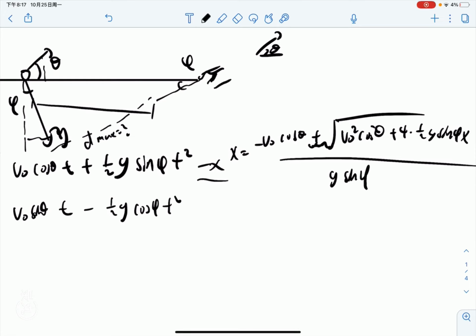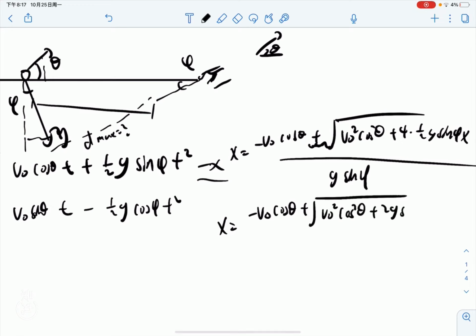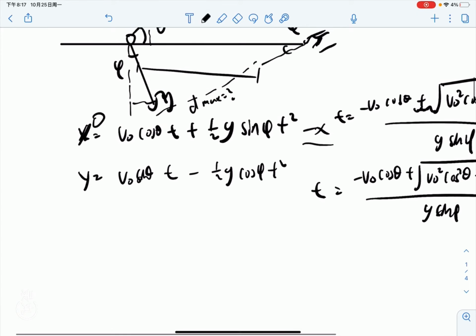So basically you have x equal to this plus v0 cosine plus 2g sine phi x. This one's t. And you can plug into this equation.